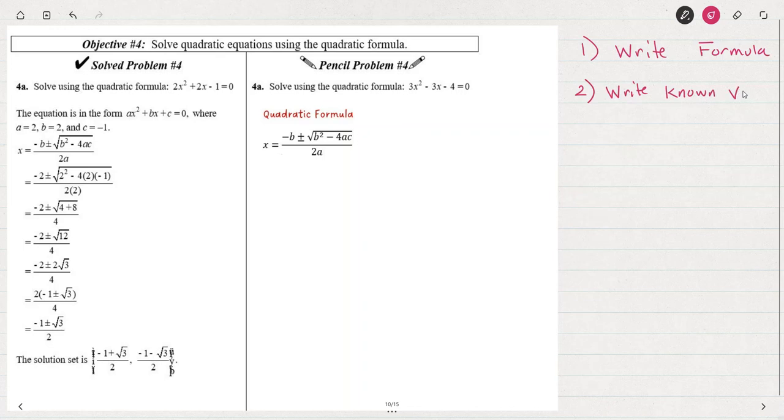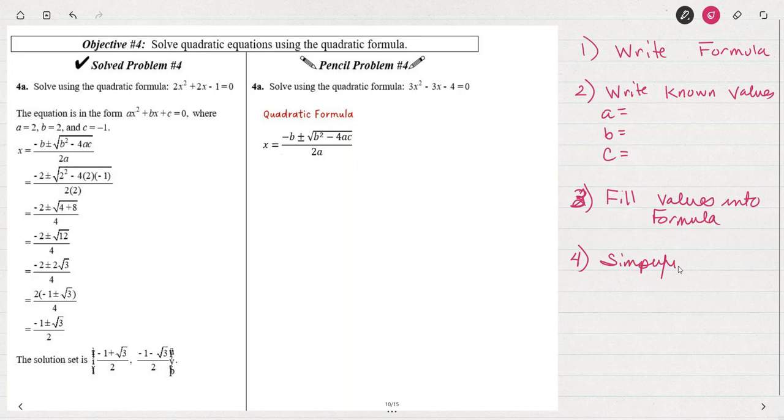So in this case, it would be to write what A, B, and C will equal. And then the third step is going to be to fill in the known values into the formula. And then the last step is going to be to simplify. And that's how you would solve.